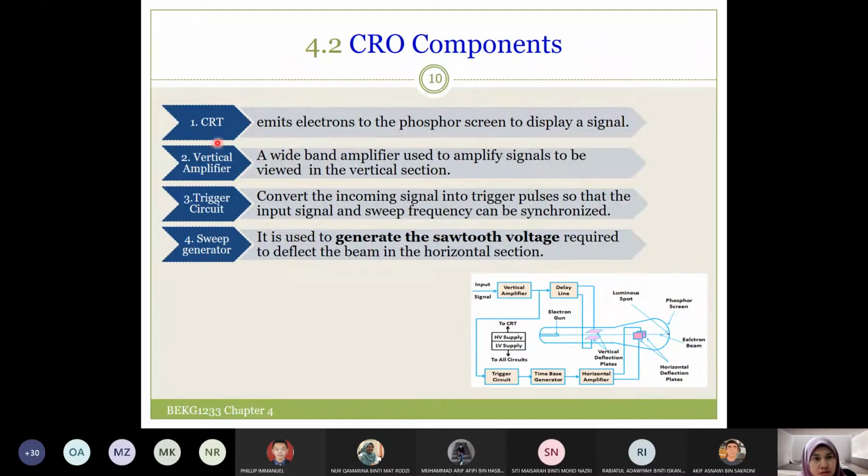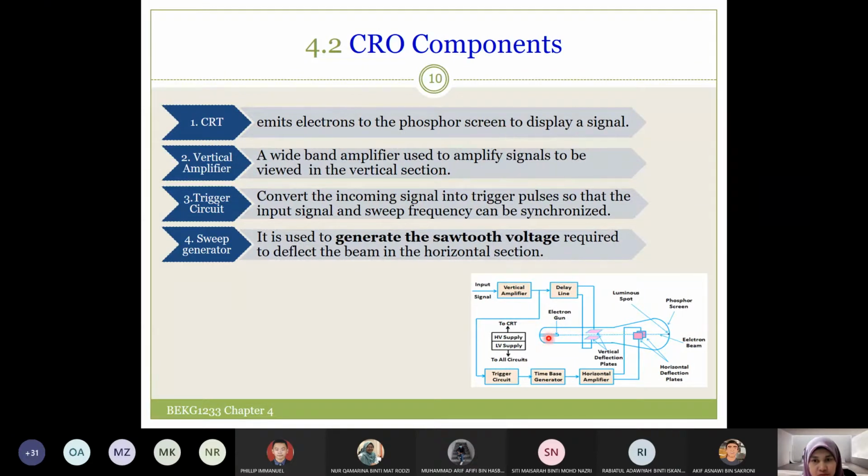Okay, this is the function of each component in the CRO, cathode ray oscilloscope. Number 1, CRT is the cathode ray tube. This is the CRT. It emits electrons to the phosphor screen to display a signal.